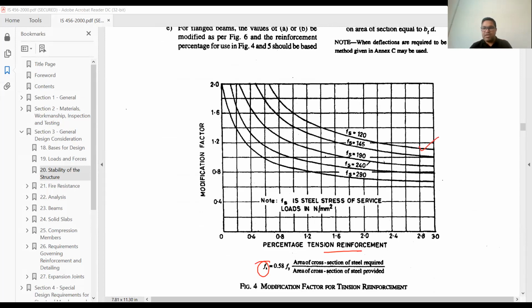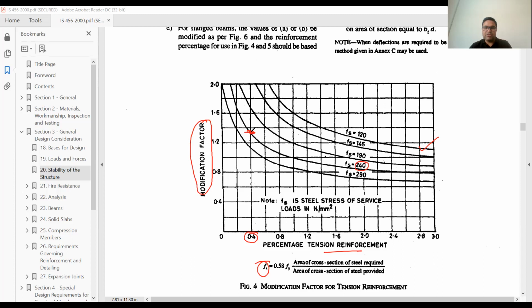For example, if we have an Fs value of 240 and our percentage of reinforcement is 0.4, then the factor which we will multiply with the ratio that we have discussed earlier, we get from the 240 Fs curve. If we visualize this, where it will bisect here.